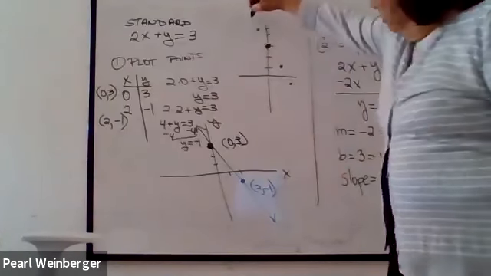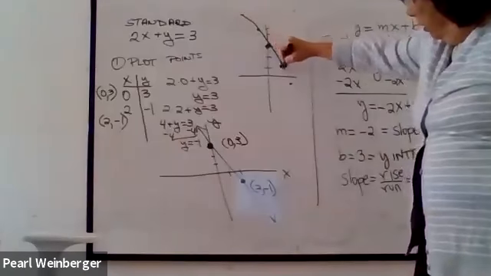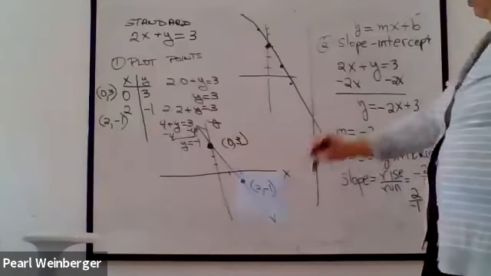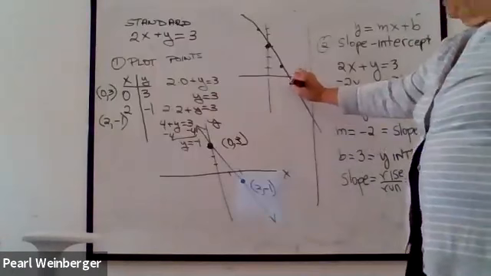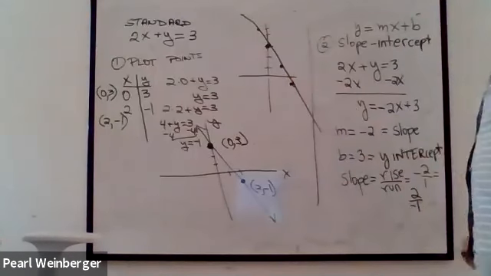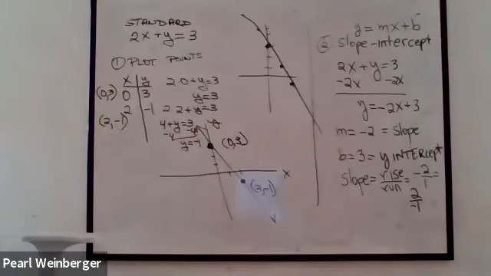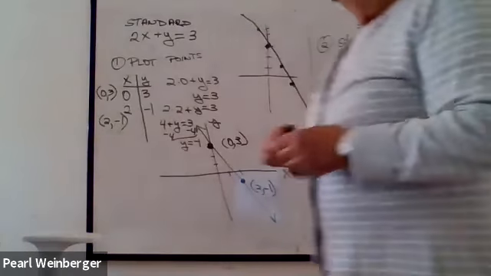And if you notice, these all line up and give me the exact same line I had before. This is actually the method that I prefer. Once you've solved your equation for y, then you can right away go to your graph and graph the line.